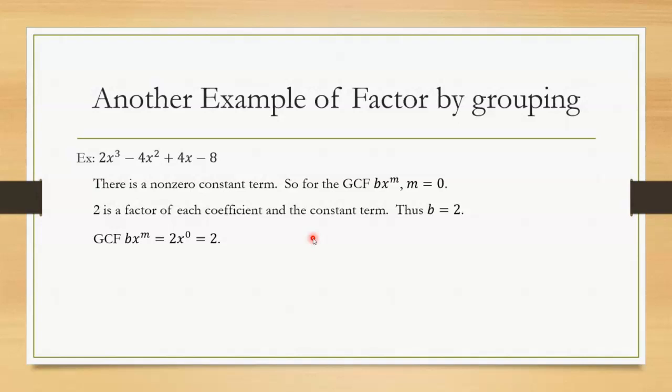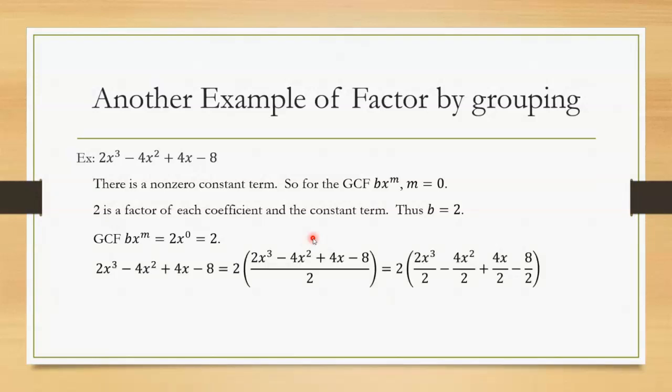Now, remember, once you get that common factor, the greatest common factor, you factor it out. You pull it out, right? But when you factor it out, you divide into each of these terms, as you can see.